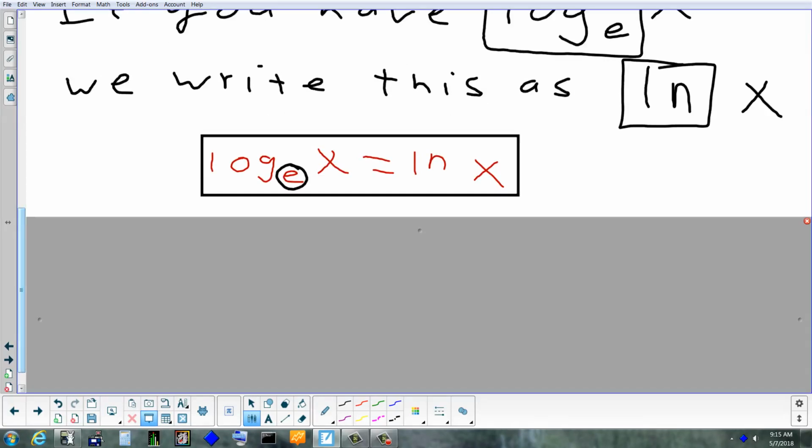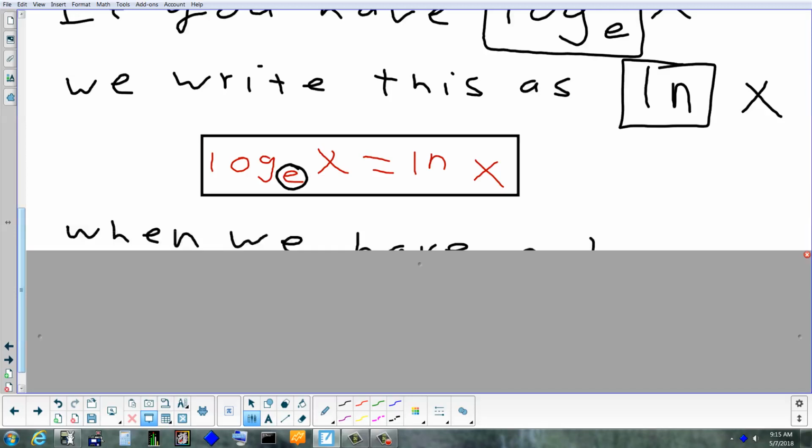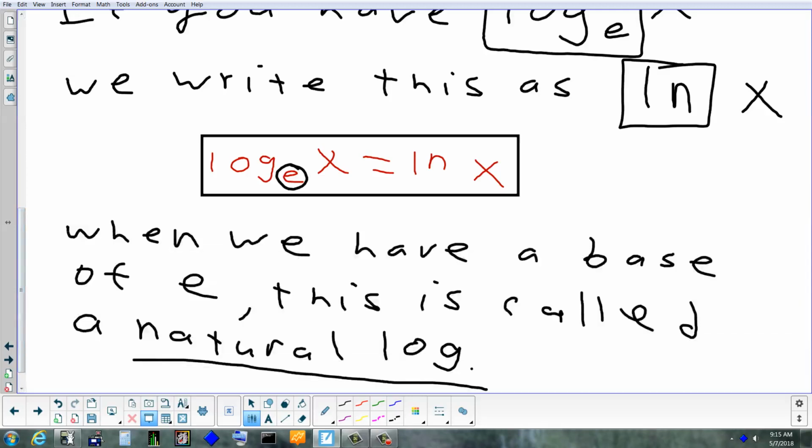And if you're wondering, where does this ln come from? Why did they pick those 2 letters? It's because whenever you have a log base E, that's called a natural logarithm. So why did they do NL instead of LN? I don't know, but that's what they did.